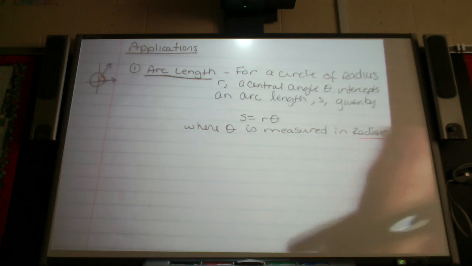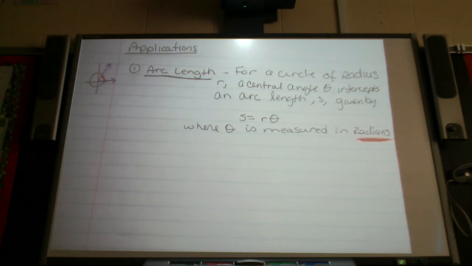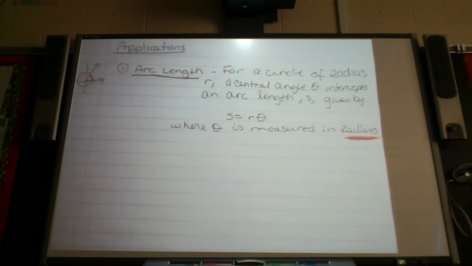That's important. If you don't use the radian and multiply just by its angle, you'll get the wrong answer.